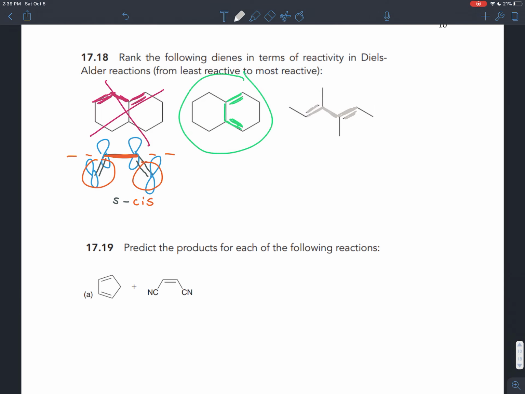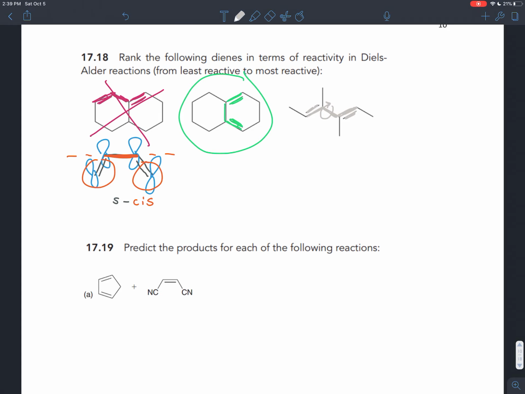If you heat this up hot enough, these bonds are going to jiggle and rotate and knock around, and you could get this to rotate. There's just an energy barrier. If you pump the energy in, it will eventually rotate, and so you could get the s-cis conformation if that bond rotates. It would just take longer for it to happen because you'd be waiting around for the energy to get there.